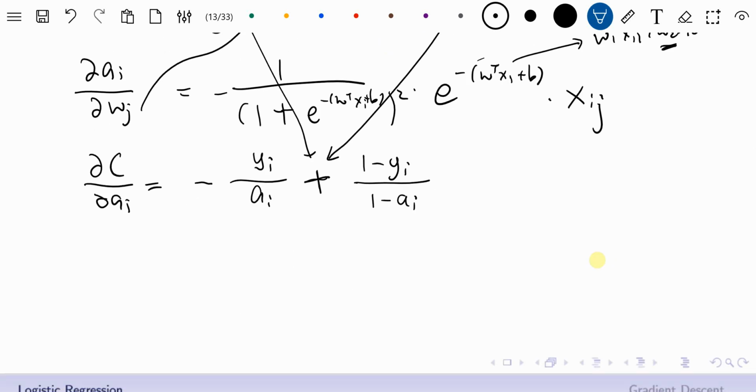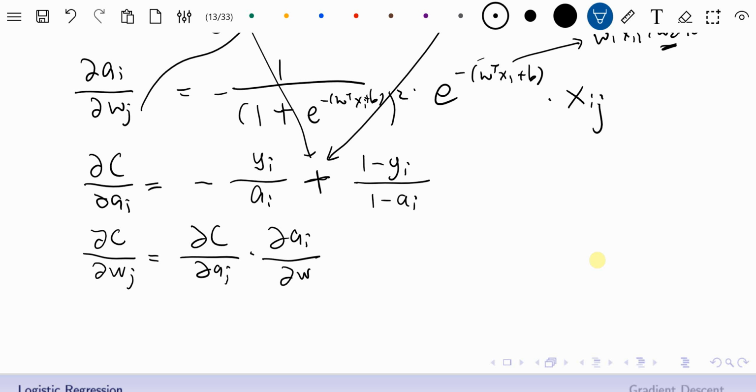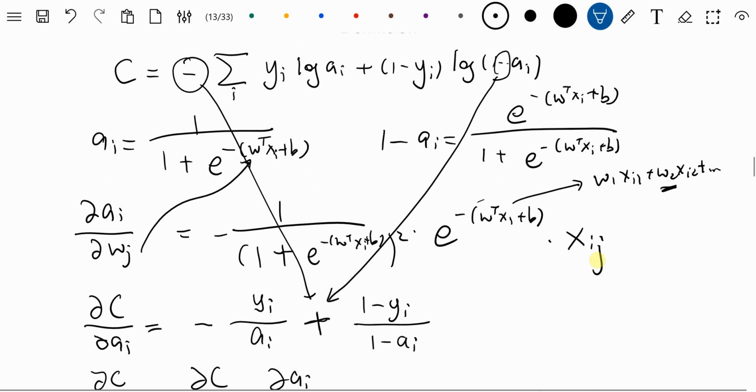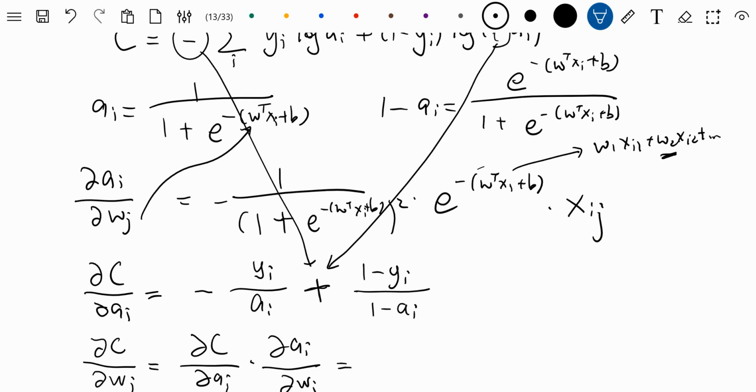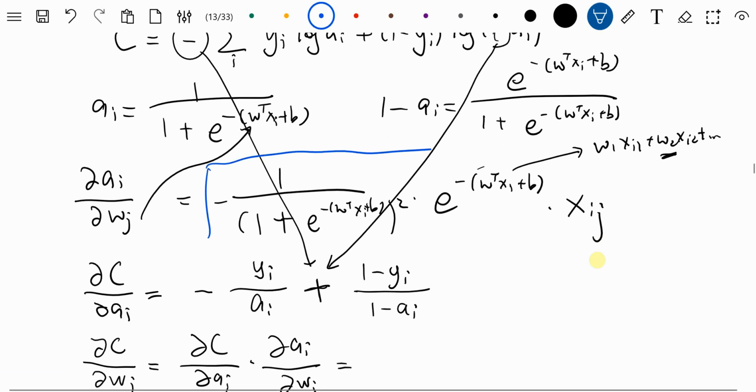So now let's find the whole thing. dC/dWj is using the chain rule. Again, this is dC/dA times dA/dWj. You just multiply these two things. So before I multiply, look at this thing.